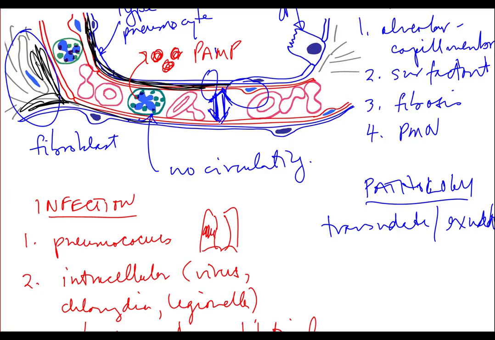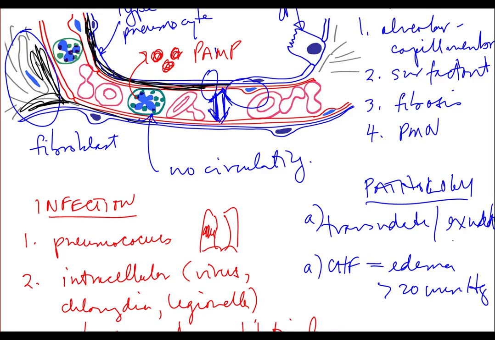And we're increasing that hydrostatic pressure across an intact endothelial epithelial membrane. So when we talk about congestive heart failure, it's going to give us edema. And that edema occurs when the hydrostatic pressure is greater than about 20 millimeters of mercury.